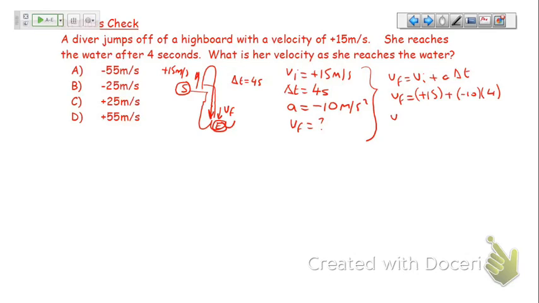So VF is equal to plus 15 added to minus 40. So VF is equal to minus 25 meters per second. And the negative sign, of course, means that she's traveling downwards. So there's my answer on that one.